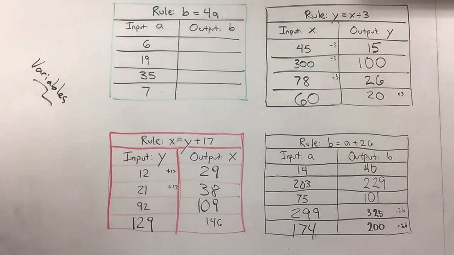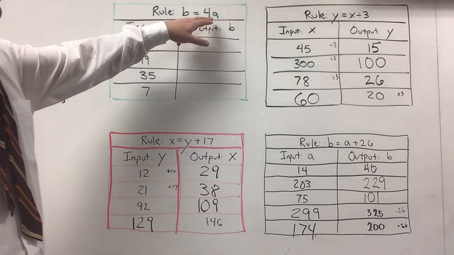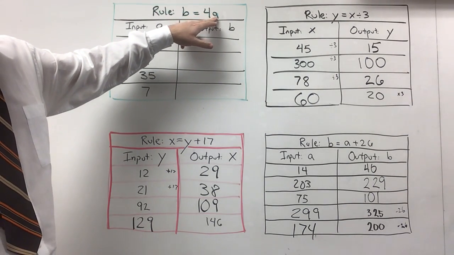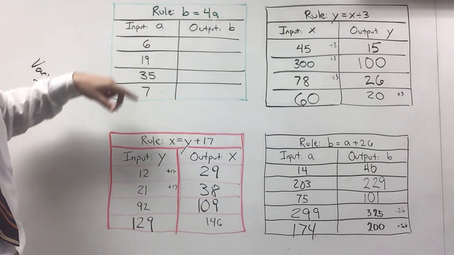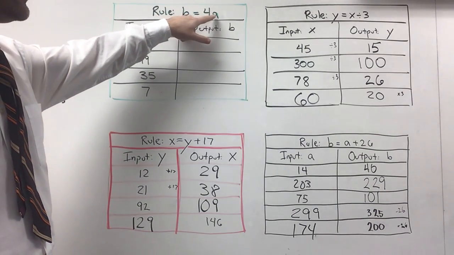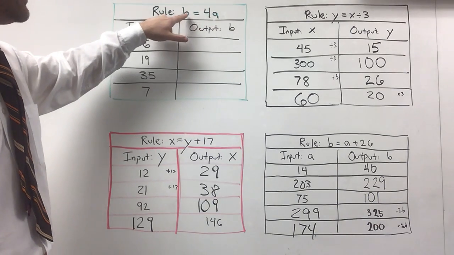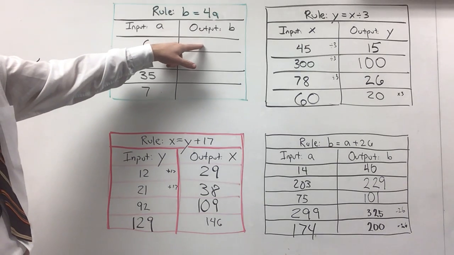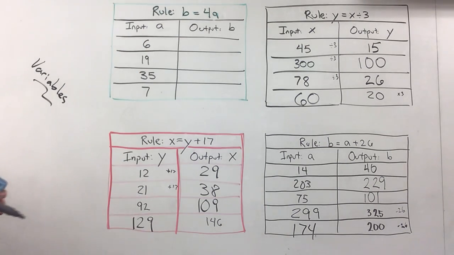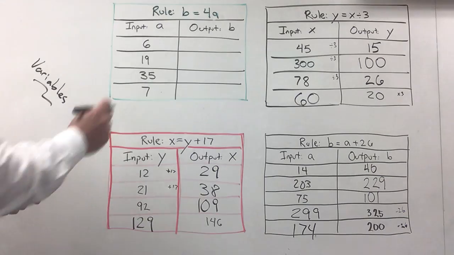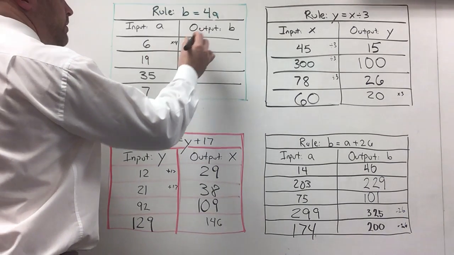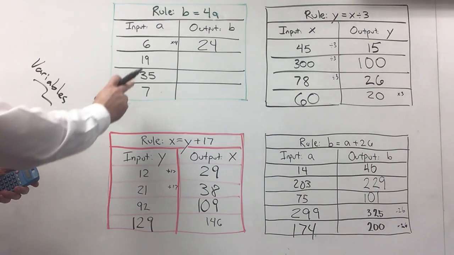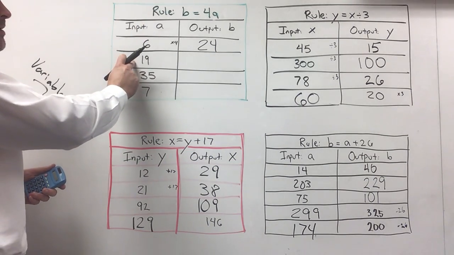All right, last one. Hey, do you remember this from yesterday? Algebra? What's it called when you have a number up against a variable, up against a letter? This says 4a, right? So this is going to be 4 times a to get the b. So let's take all the a's, times them by 4, and that's how we'll get the output, okay? All right, well, you know this one. 6 times 4 is 24, right? Same thing. Now we have a 19 as our a.